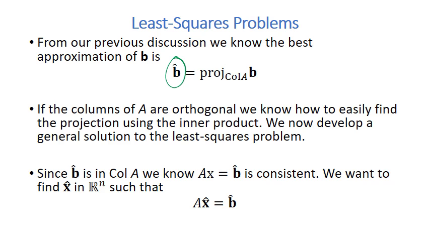So if the columns of A are orthogonal, then we know that we can find the projection easily by using the inner product or the dot product. Now we're going to develop a general solution to the least squares problem.